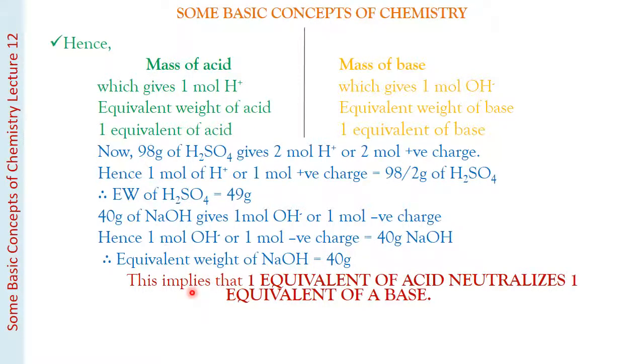So this implies that 1 equivalent of the acid neutralizes 1 equivalent of the base, right? So 49 grams of H2SO4, which gives 1 mole of H+ ions, is 1 equivalent of H2SO4, and 40 grams of NaOH is 1 equivalent of NaOH, and they both are reacting and neutralizing each other. So I hope this is clear to you all.